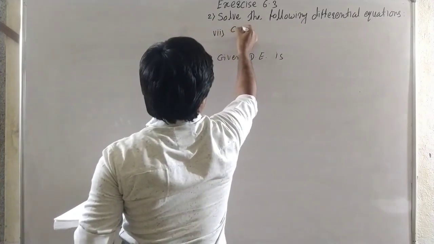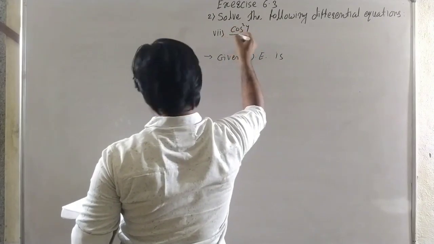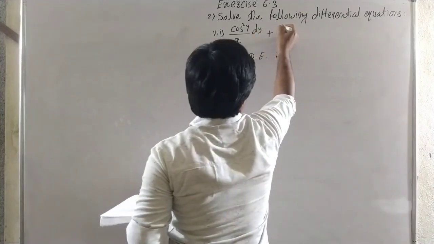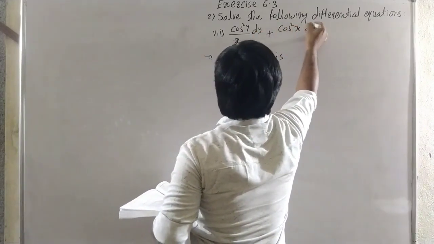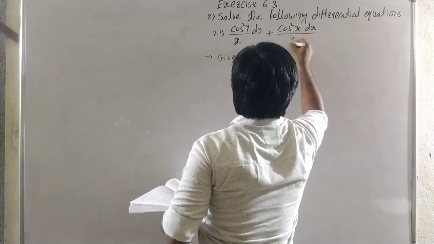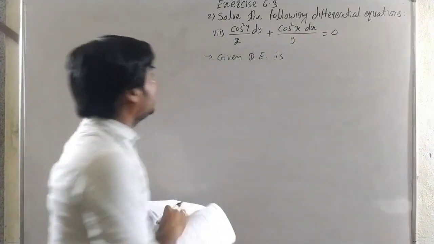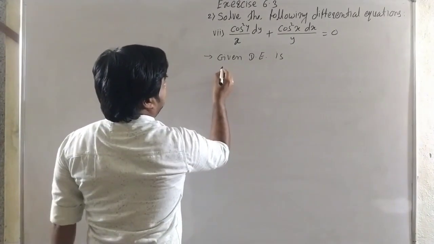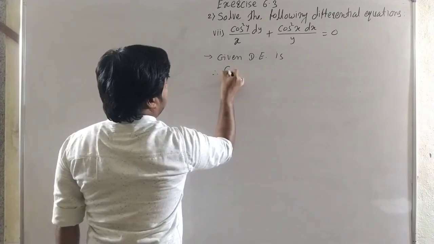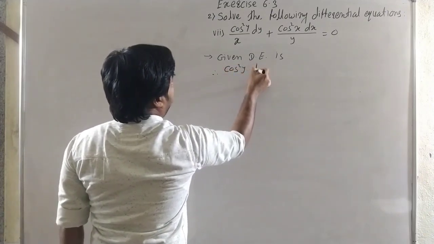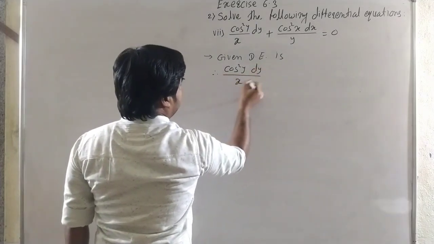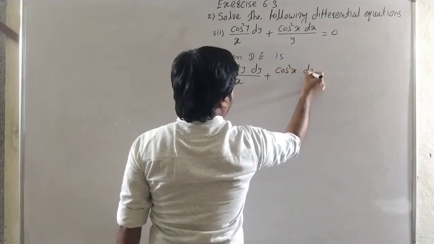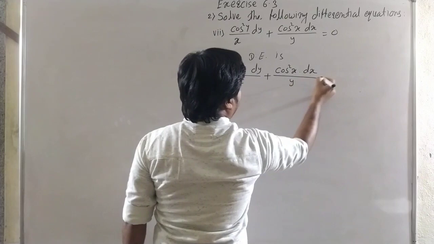Cos square y upon x dy plus cos square x dx upon y is equal to 0. Here it is the given differential equation. Therefore, you can write it as cos square y dy upon x plus cos square x dx upon y is equal to 0.